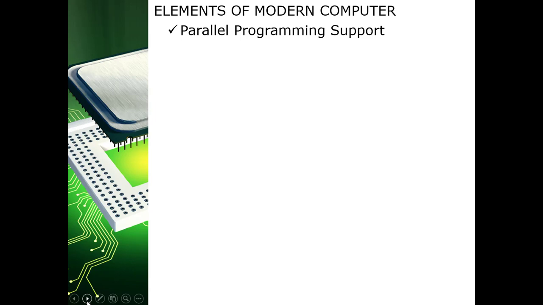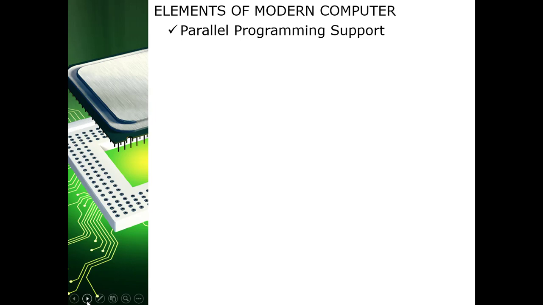We have to also see a little topic, parallel programming support. I already told you the concepts that we are discussing are valid for both sequential and parallel computers. Even so, most of the available hardware and software supports sequential processing.